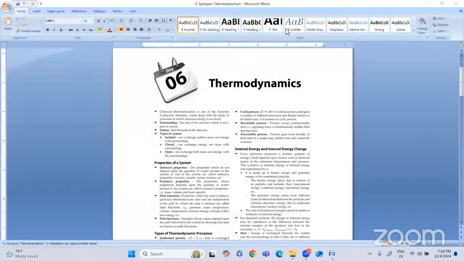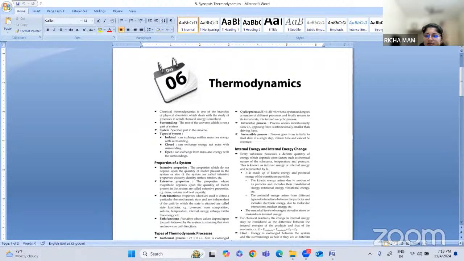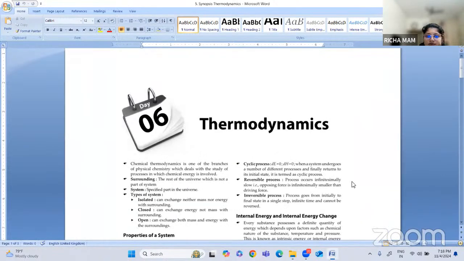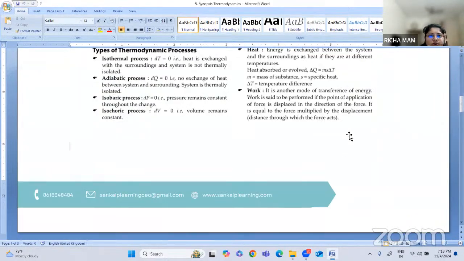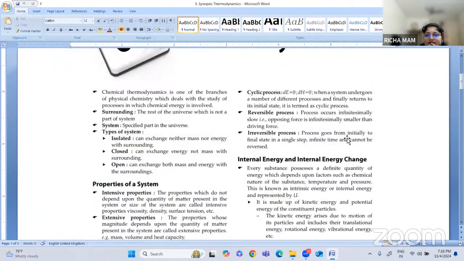Try to solve. I will remove the synopsis. Just see once the synopsis also, whatever we have discussed. These are the things which we have already discussed in the synopsis, right? These were the different terms which are used. What are the types of thermodynamic processes we have seen?